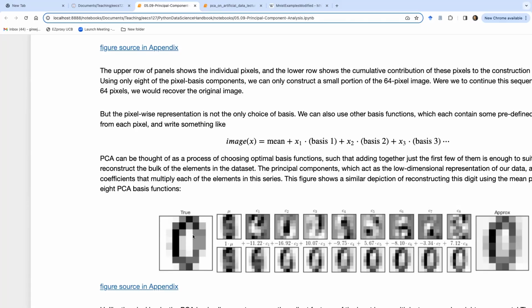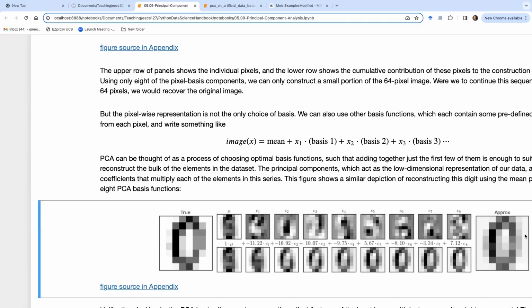So what is here is this dot product with this is this image. Then this 0 dot product with this is this image. And then I add all of them up, and I get out this final image, right?